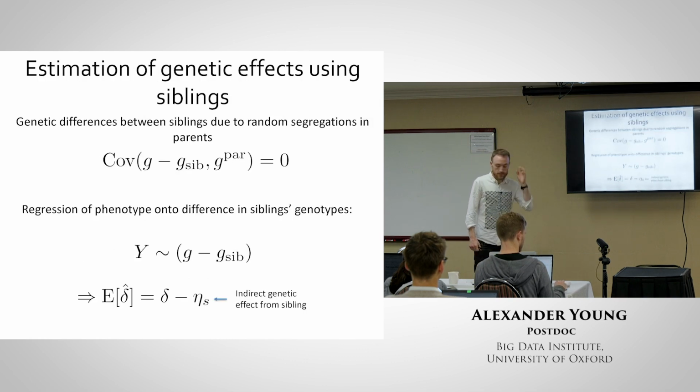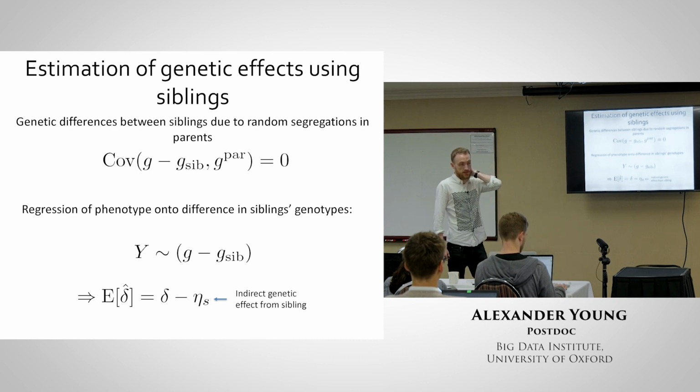So a more common method that has been applied is using sibling genotypes. So this can also get you something close to an unbiased estimate of the direct causal effect of a genetic variant. And this is because genetic differences between siblings are due to this random segregation in the parents.